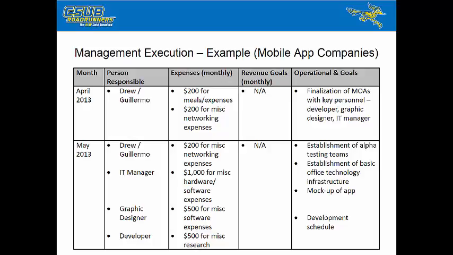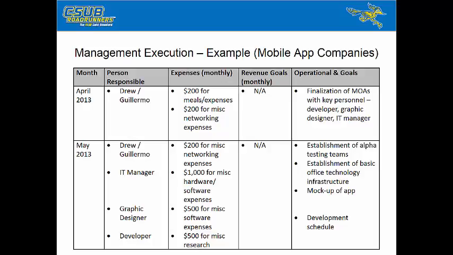So first thing that needed to happen is that they needed to go out and find an overall IT manager, a graphic designer, and a code programmer. They need to go out and find those people. So realistically, you're going to spend a couple $100 on meals and expenses, a couple $100 on driving around, meeting people, buying coffee and stuff.